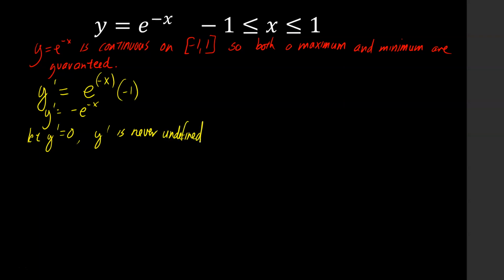Well, how can I tell that? E to the power -x has a domain of all real numbers. We can put any number in for that exponent x. 0 equals -e to the negative x. Well, that's not possible. So no critical values.